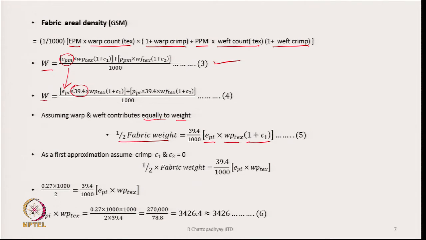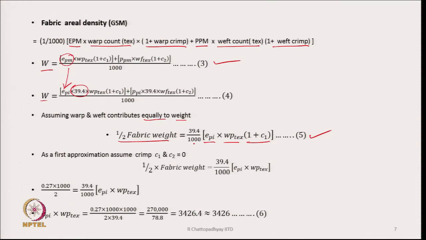That is, the contribution made by the warp is this, same will be the contribution made by the weft also. So, this is a kind of balanced fabric where both warp and weft counts are the same and ends and pick densities are the same. So, half the fabric weight will be equal to this, equation number 5.